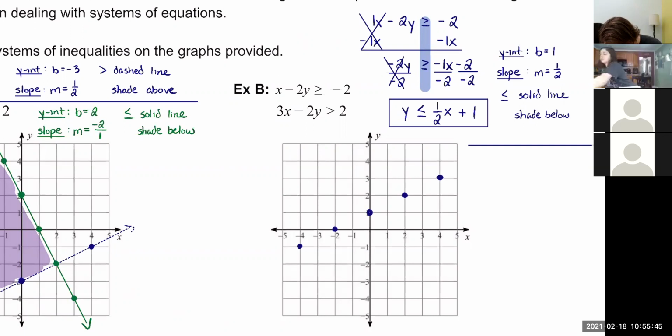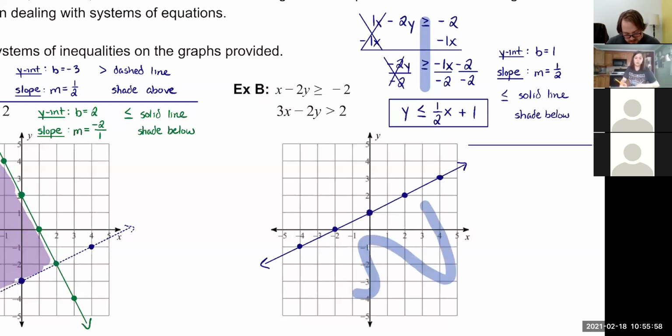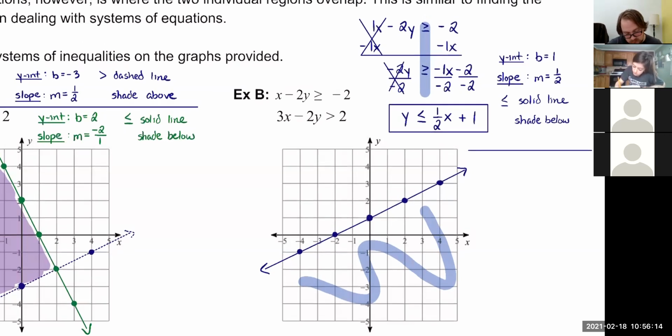For this particular one, we will be using a solid line. And we will shade below it. Again, this is just our first one, so just enough to serve as a reminder so we know which side of that line we're really focused on. Give you guys a moment to jot that down if you're following along.